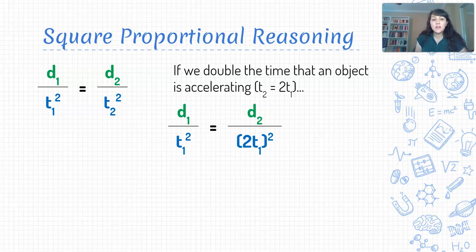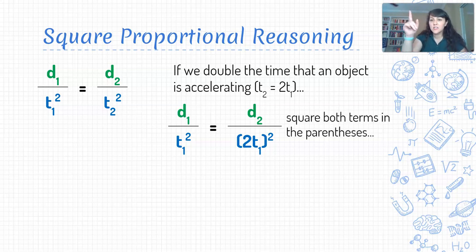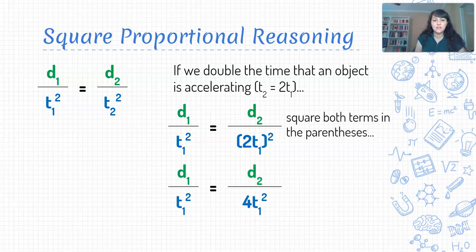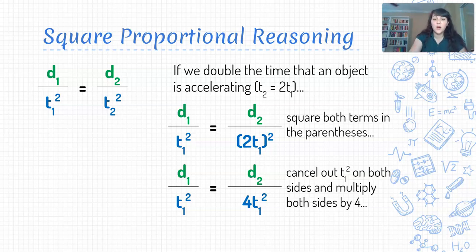So if I plug that into my square proportional reasoning equation, and apply that square to both of the terms in the parentheses, I get this equation. So d1 over t1 squared equals d2 over 4t1 squared, because again I had to square both the 2 and the t1.